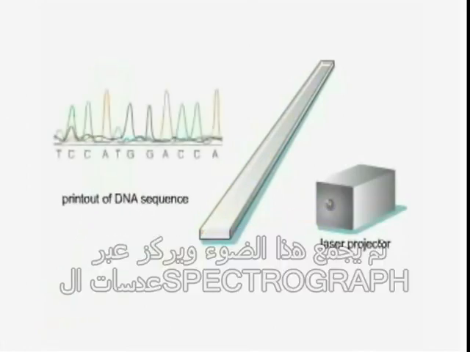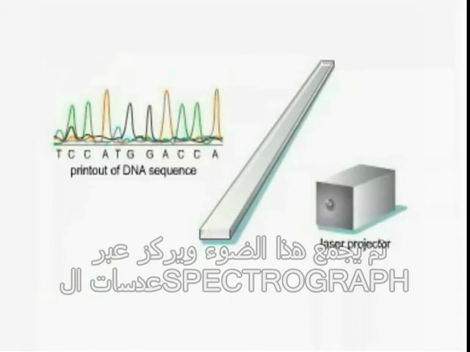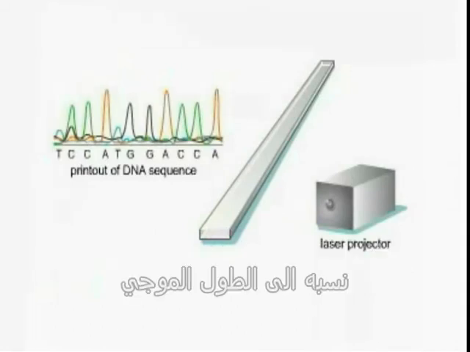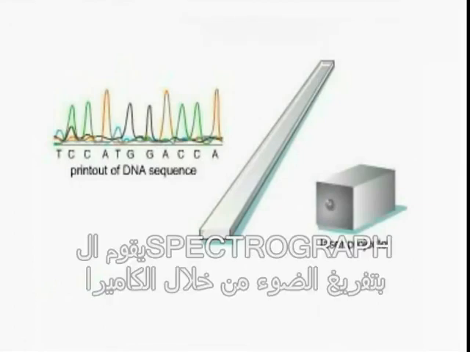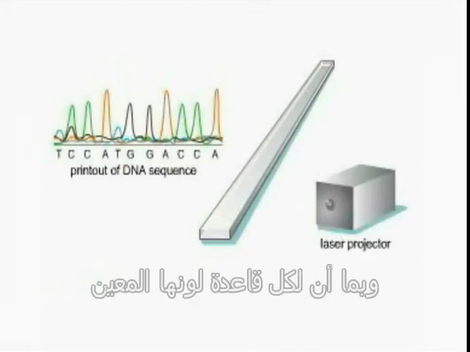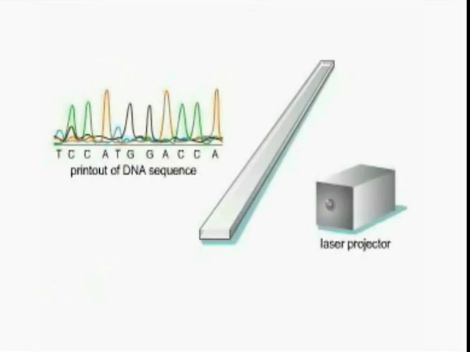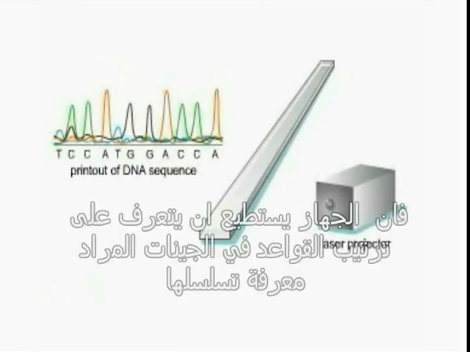That light is collected and focused by lenses into a spectrograph. Based on the wavelength, the spectrograph separates the light across a charge-coupled device camera. Each base has its own color, so the sequencer can detect the order of the bases in the sequenced gene.